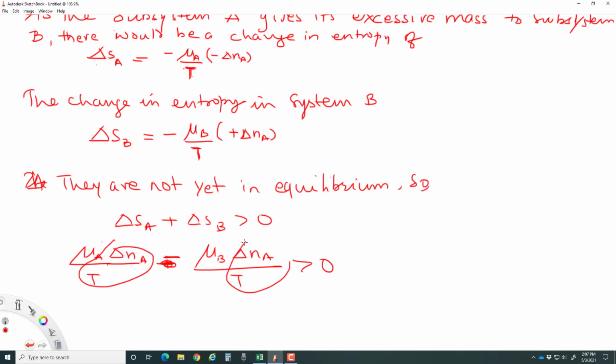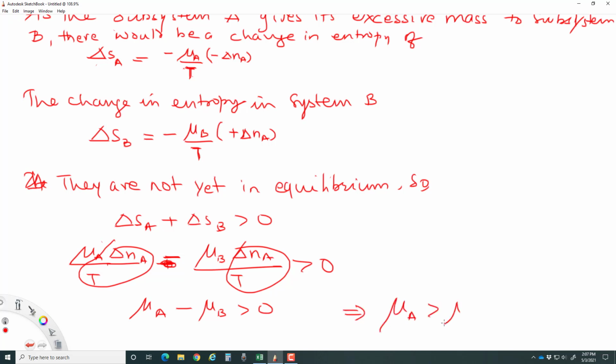If we just take the common term and divide both sides by it, we'll get rid of that. So what will be left is mu A minus mu B is greater than 0, and that gives us mu A is greater than mu B.